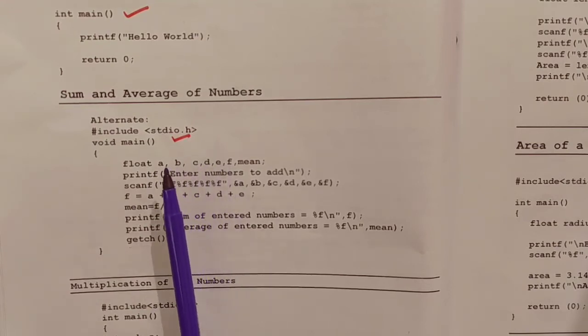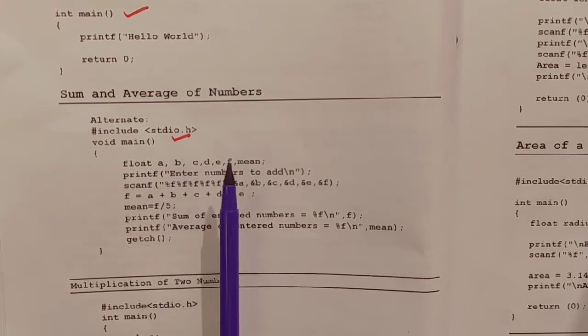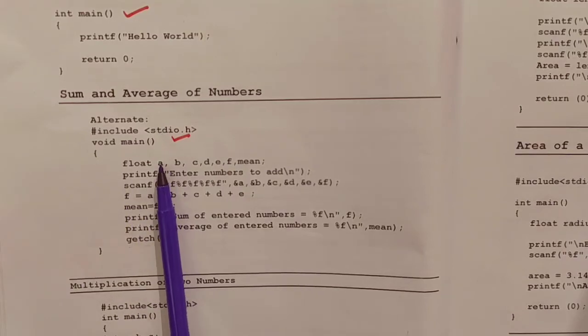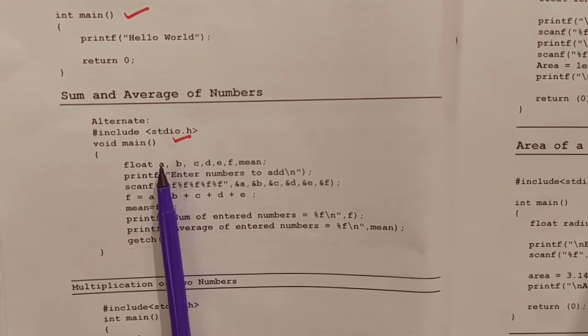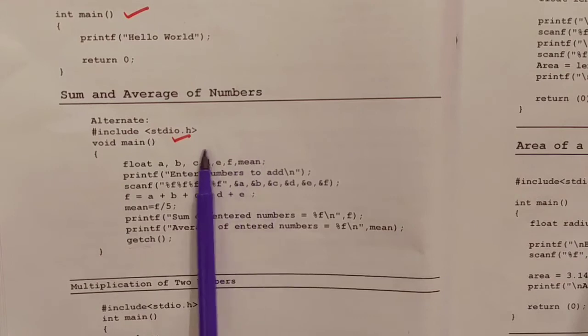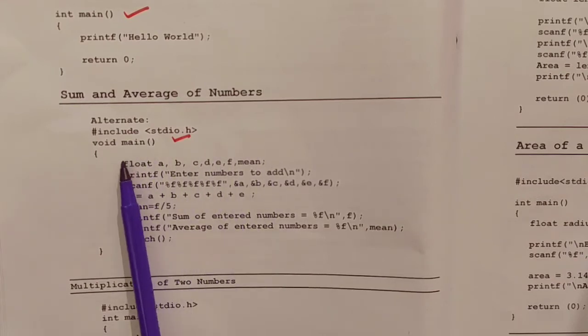Character means when you are texting someone, A, B, C, D, E, F, or any name, those are characters. Numbers means 10, 12, 13, any number, integer, or 10.3, floating point. In those cases you have to define which type of number you want to take.